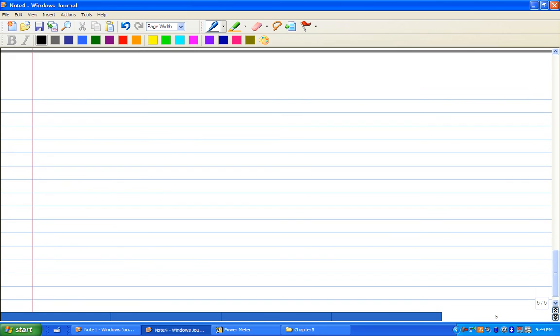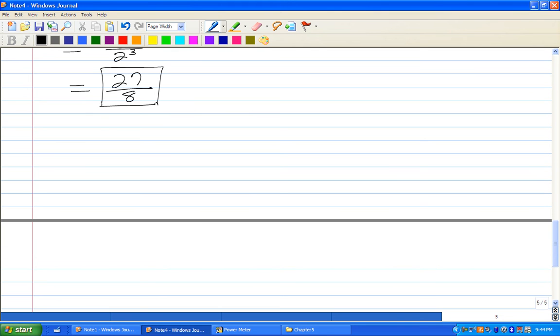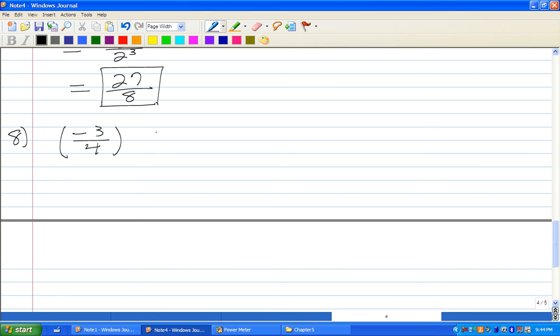Let me do problem number 8. Negative 3 over 4 to the negative 2. I have a negative exponent, so let's take the reciprocal.